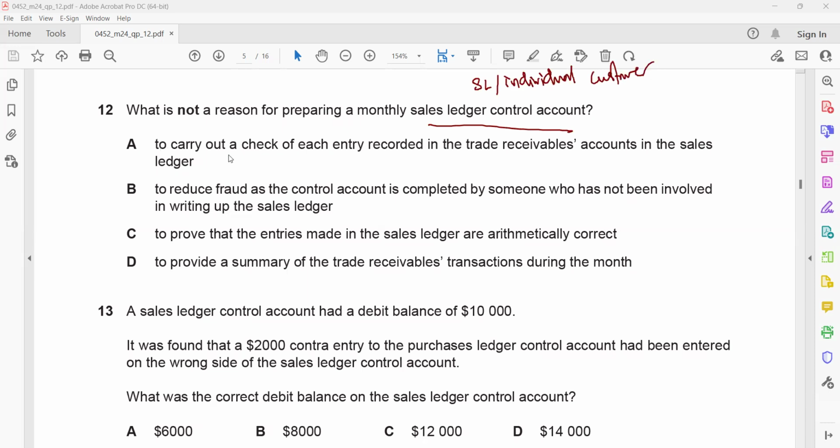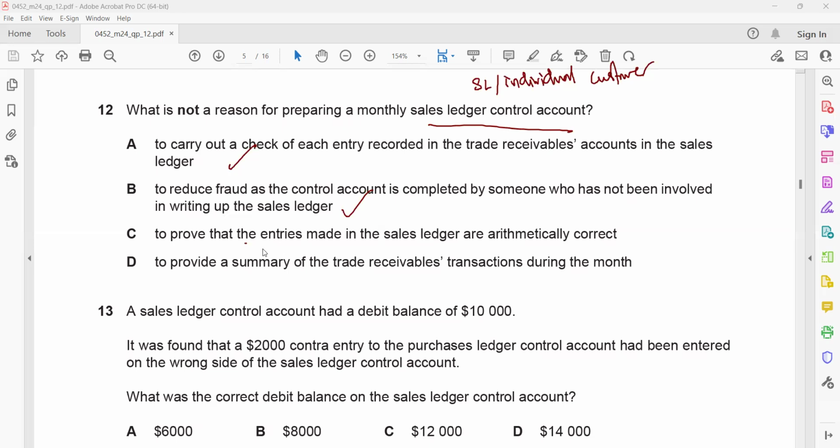So to carry out a check of each entry recorded in the trade receivable account in the sales ledger, this is one of the reasons. To reduce fraud as a control account is completed by someone who has not been involved. Yes, this one is correct. To prove that the entries made in the sales ledger are arithmetically correct. This one, we are not sure about.